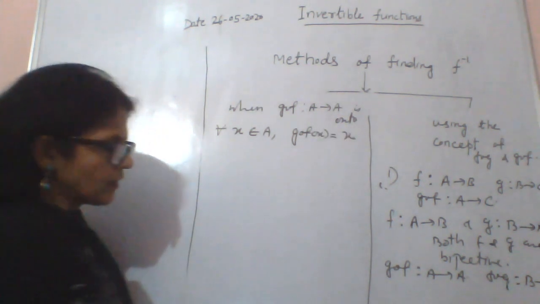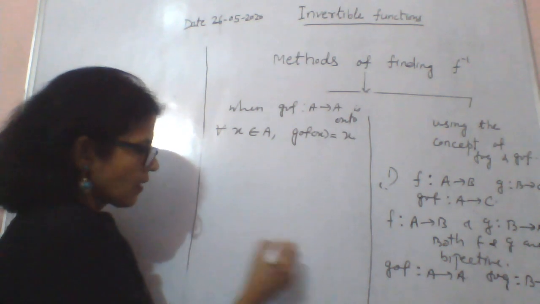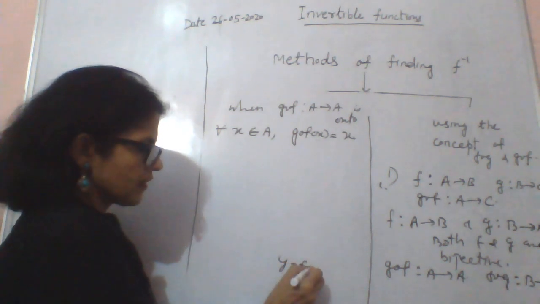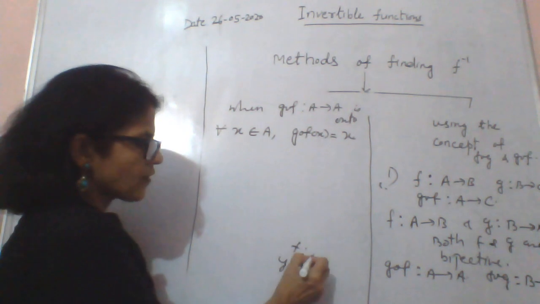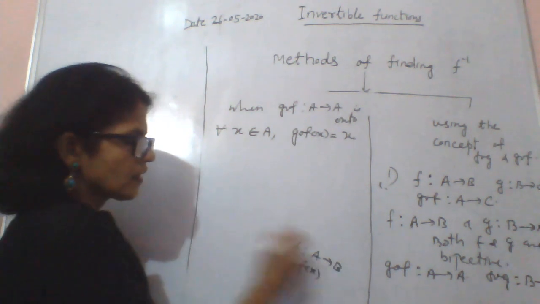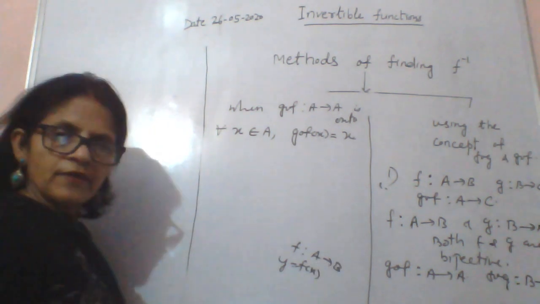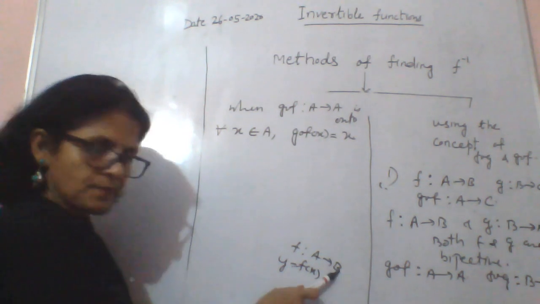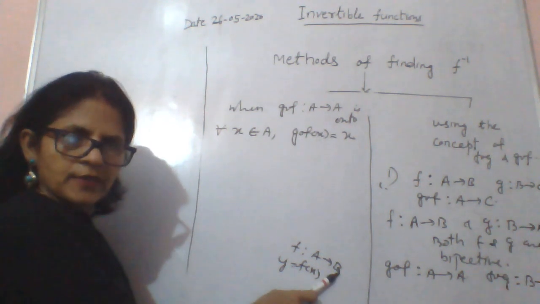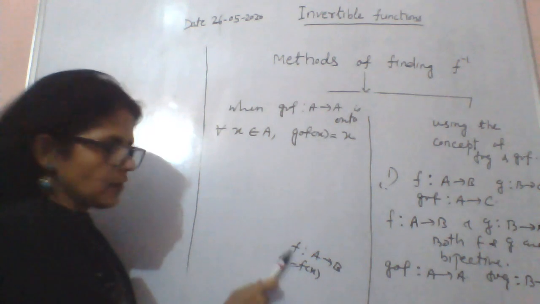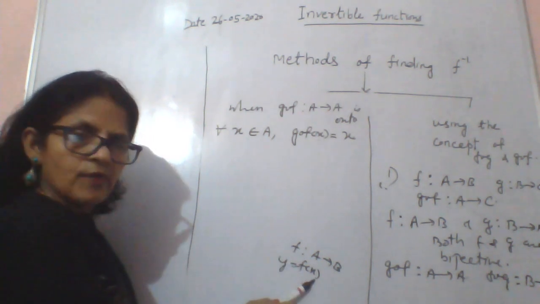So whenever we take y equal to f x, f is a function from A to B is onto, we say for every y belongs to B, there are preimages x belongs to A such that y equal to f x.